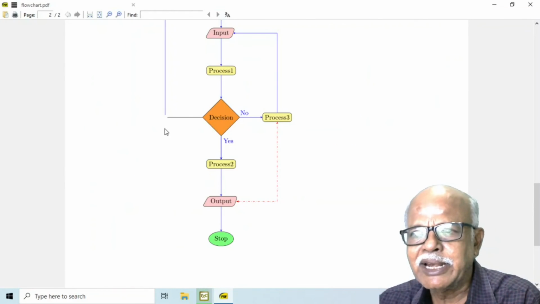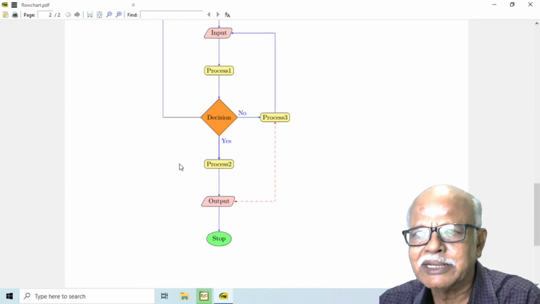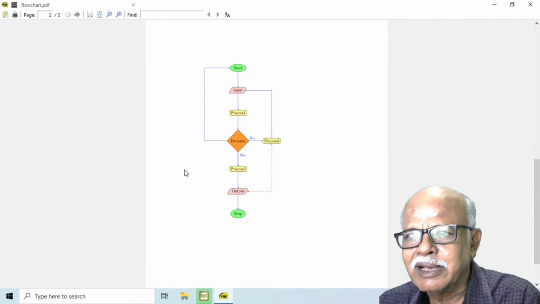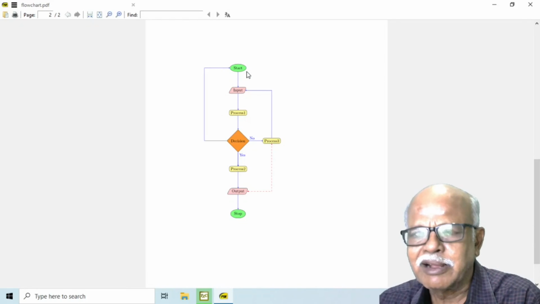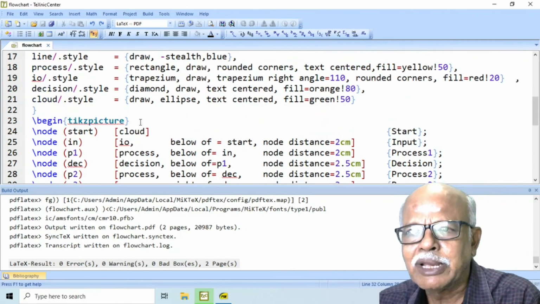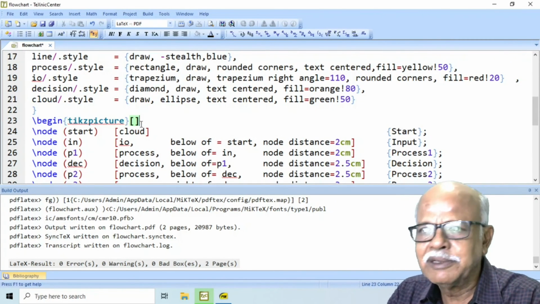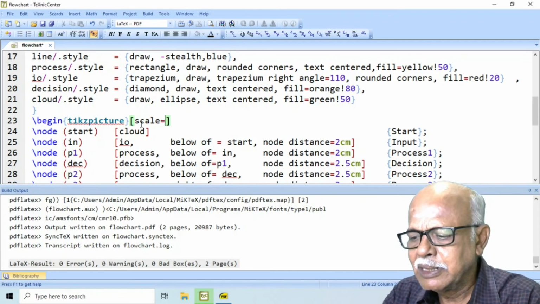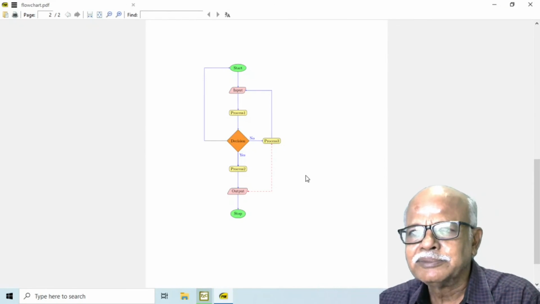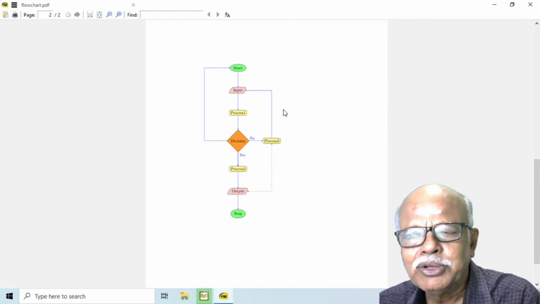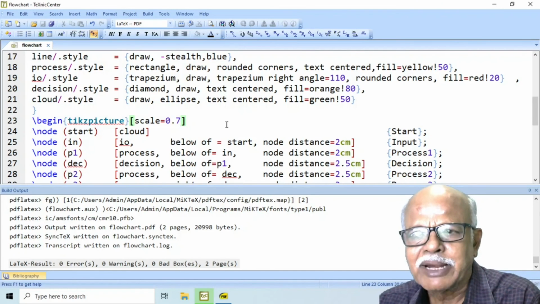With coordinate, the lines will meet. And I would suggest, after drawing this figure, you can scale it suitably to fit into the document.